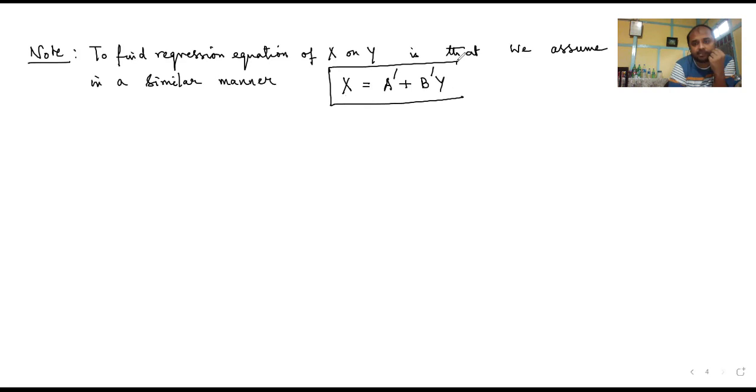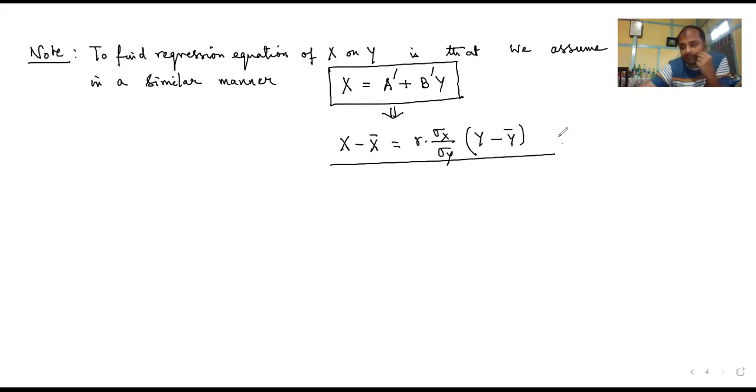And we use the same set of analysis. We apply the same set of analysis on this equation, which will in turn yield the regression equation x minus x bar equals r into sigma x by sigma y, into y minus y bar. So remember, these two analyses are actually very different from one another, because the assumption of the line will be different.